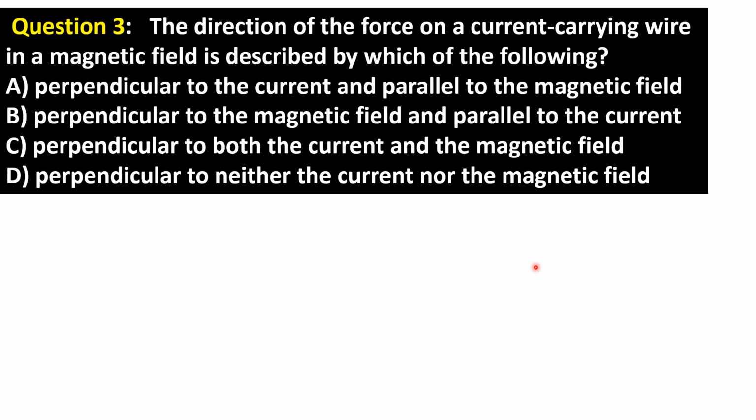If this current carrying conductor is placed in an external magnetic field, represented by capital B, a vector quantity, take note, the field we're talking about is an external magnetic field. This is not referring to the magnetic field induced in the wire. That is very important.